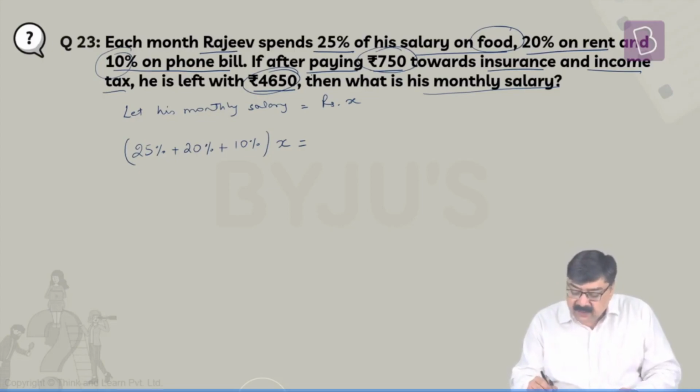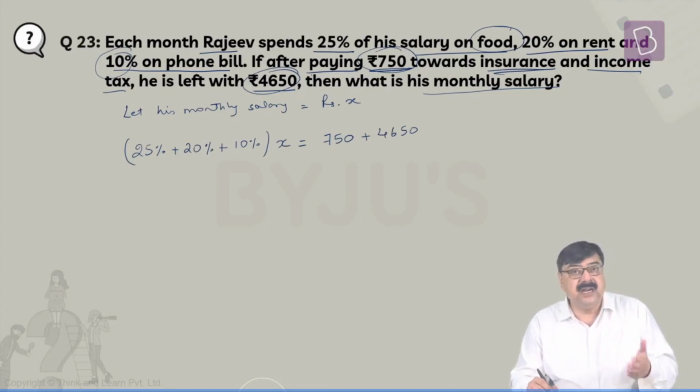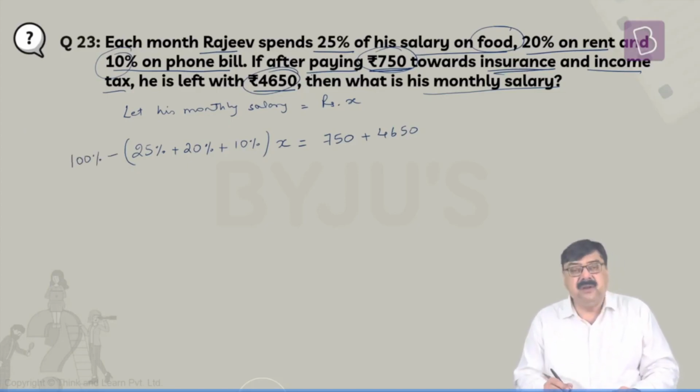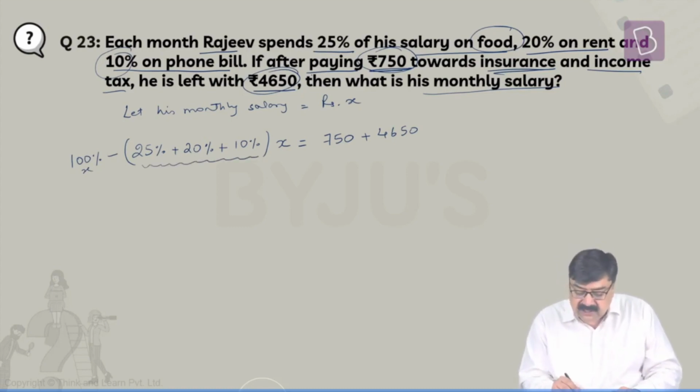So if after paying rupees 750 towards insurance, so he's paid 750 towards insurance and income tax, he's left with 4650, that is his savings, so 4650. Then what is his monthly salary? So savings plus insurance and income tax, that should be out of 100% of X. His expenditures should be reduced. So that is 100% minus, how much does this work out to be? 25 plus 20 plus 10, that is 55%.